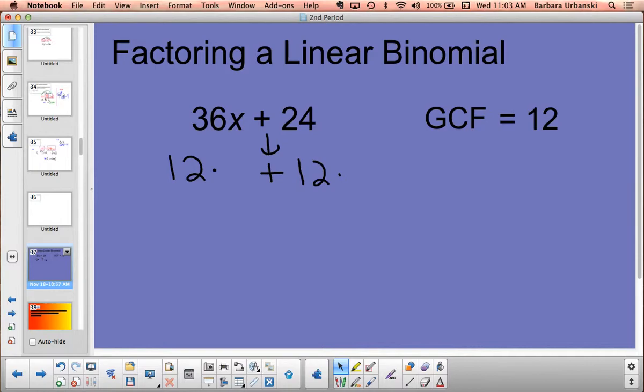It would be 12 times 3x. And what would we multiply 12 by to get 24? It would be 12 times 2. So 12 times 3x would in fact have a product of 36x, sign of operation is addition, and then 12 times 2 would give us our 24.